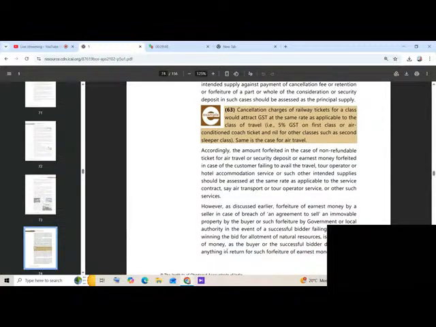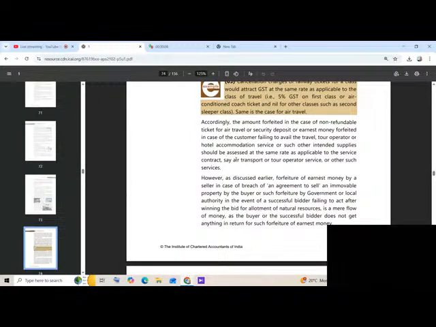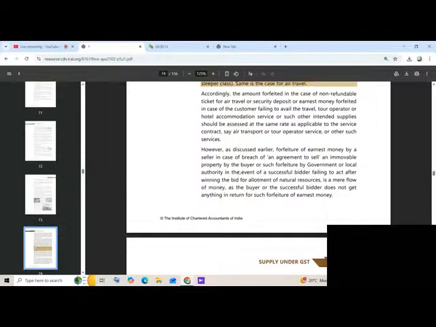Same is the case for air travel. Accordingly, the amount forfeited in the case of a non-refundable ticket for air travel, or security deposit or earnest money forfeited in case of a customer failing to avail the travel, tour operator or hotel accommodation service or such other intended supplies, should be assessed at the same rate as applicable to the service contract, say air transport or tour operator service or other such services.